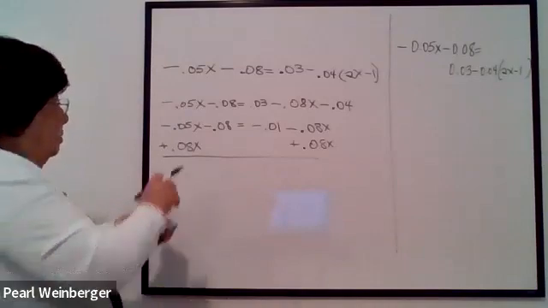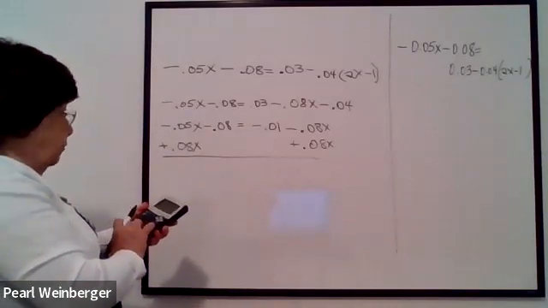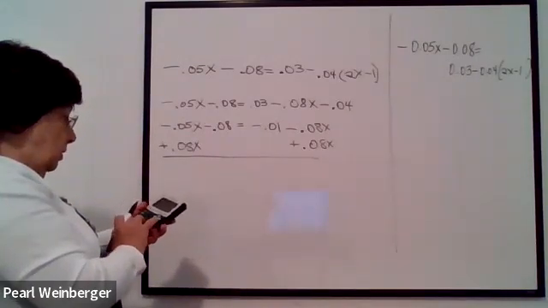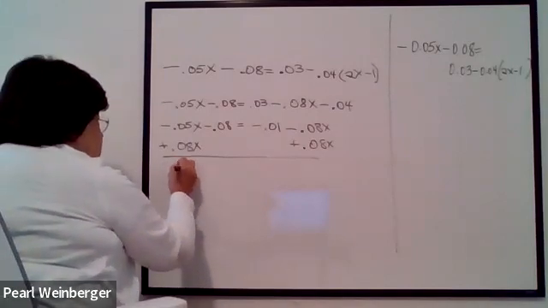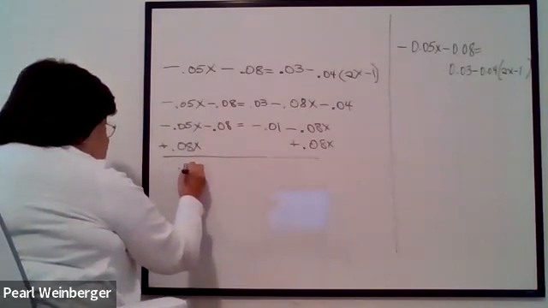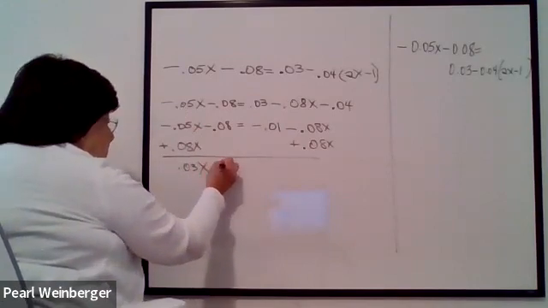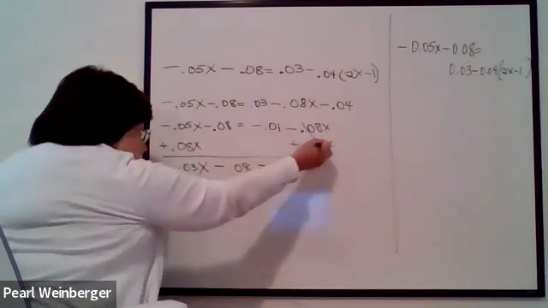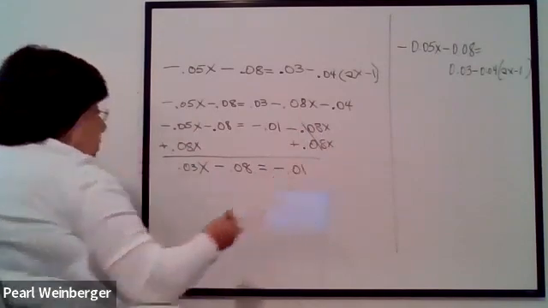So on my calculator, I'm going to be doing negative 0.05 plus 0.08, which will give me 0.03. Of course, this has an x next to it. Minus 0.08 equals negative 0.01.